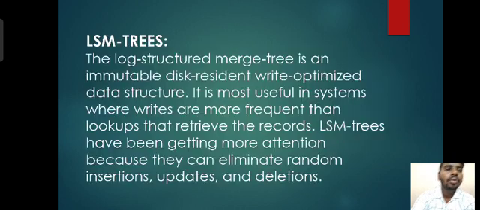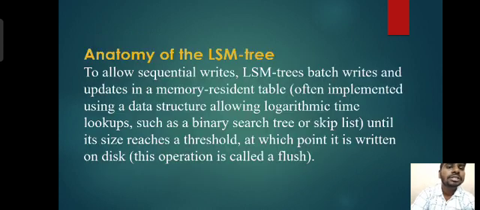LSM trees. The log-structured merge tree is an immutable disk-resident, write-optimized data structure. It is most useful in systems where writes are more frequent than lookups that retrieve the records. LSM trees have been getting more attention because they can eliminate random insertions, updates, and deletions.